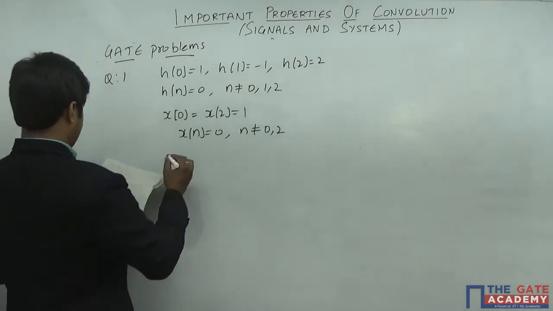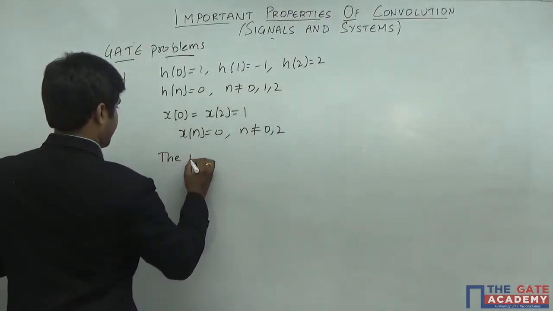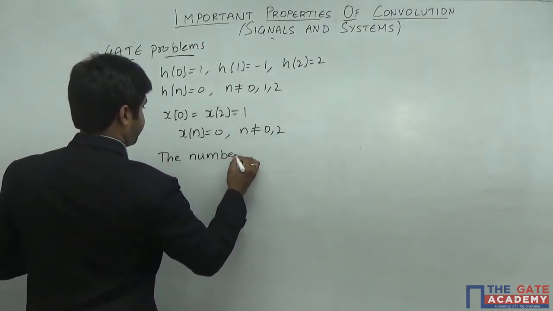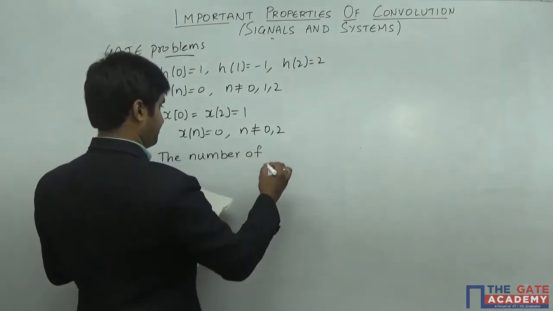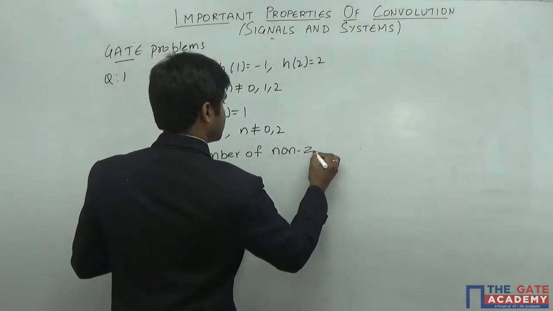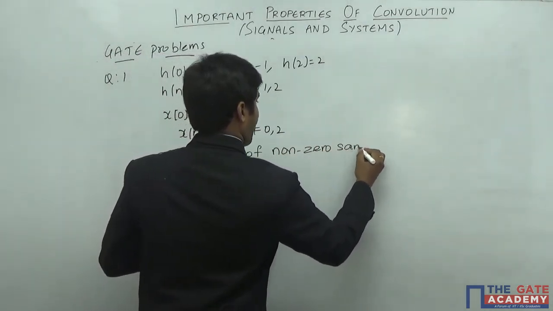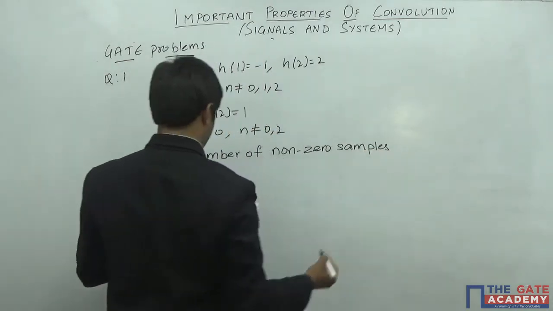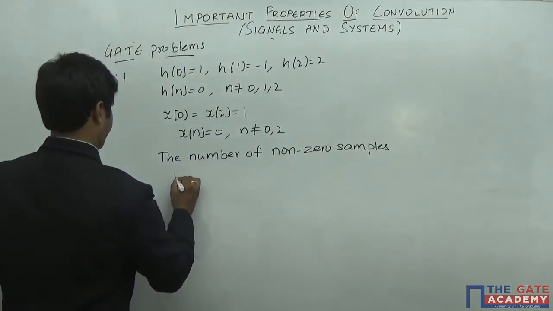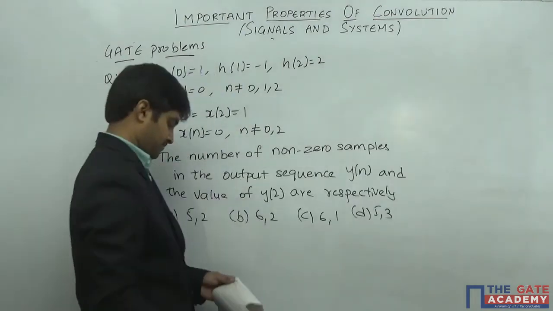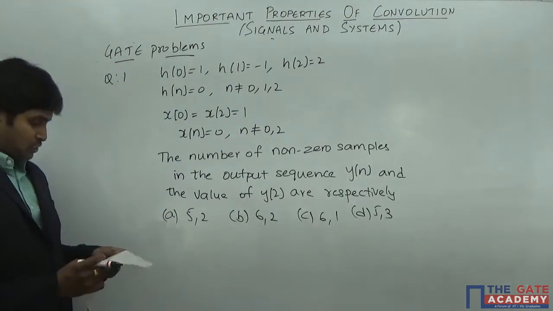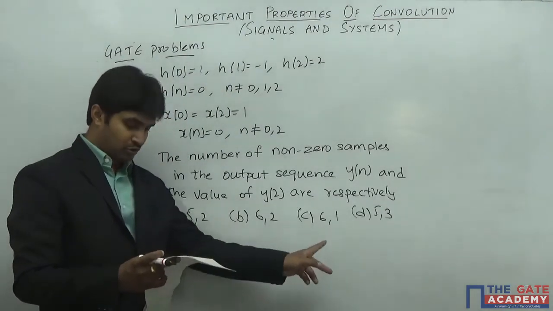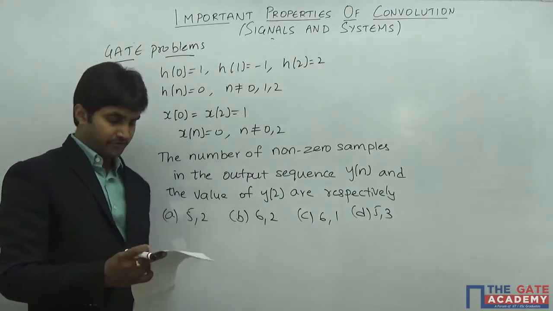The question is the number of non-zero samples. Option A: 5, 2; option B: 6, 2; option C: 6, 1; option D: 5, 3.